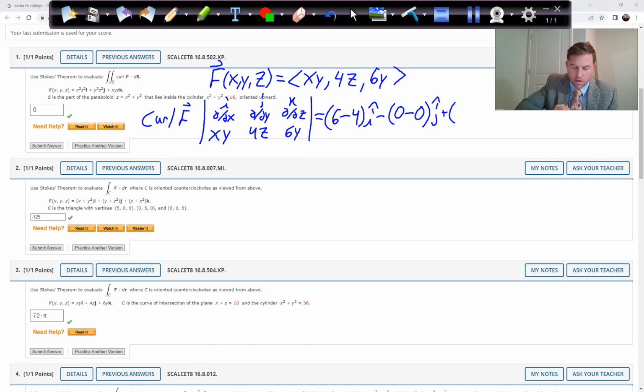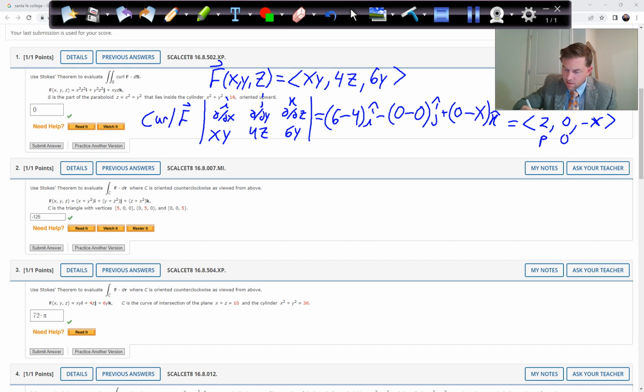Plus, cover up the third column, partial x of 4z is 0, partial y of xy would be x, in the k direction. So this curl is 2, 0, and negative x. Is that right? Yes, that's correct.